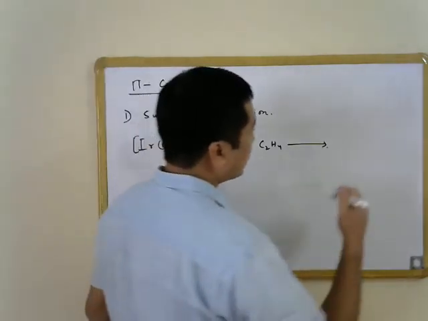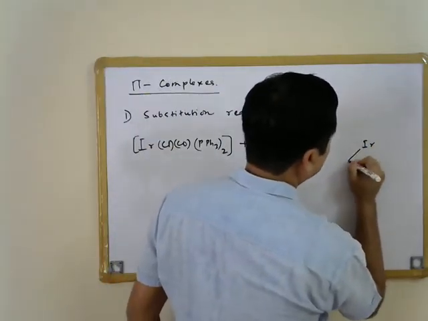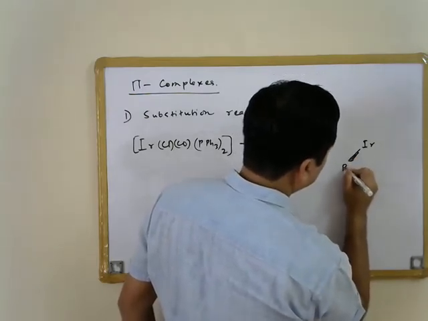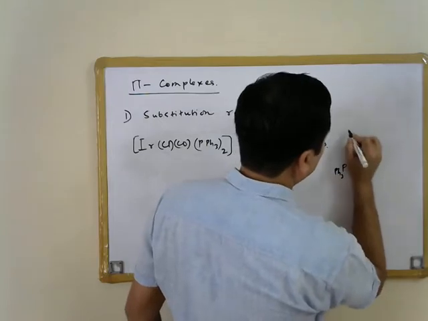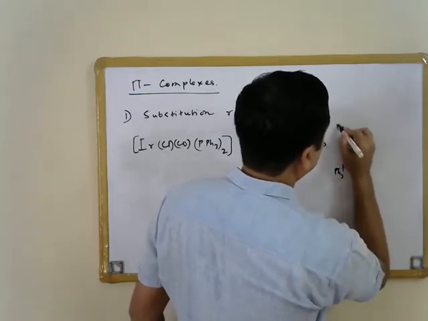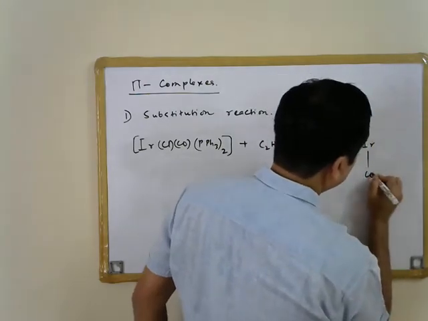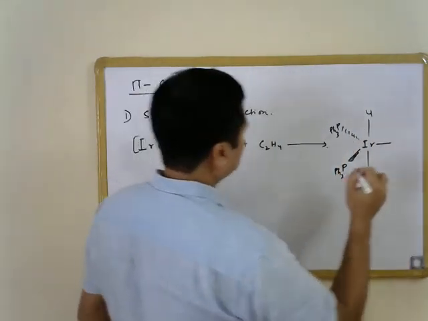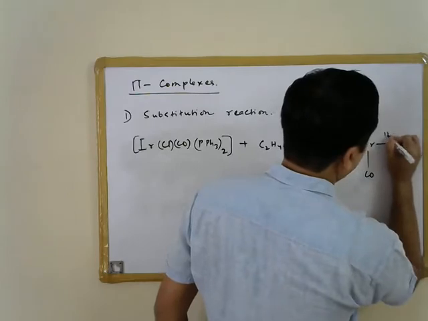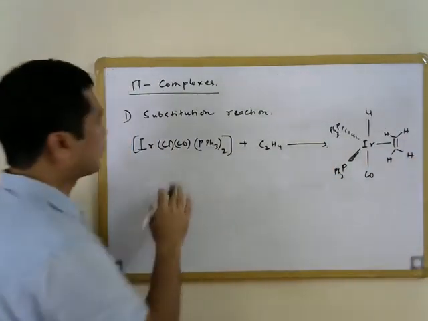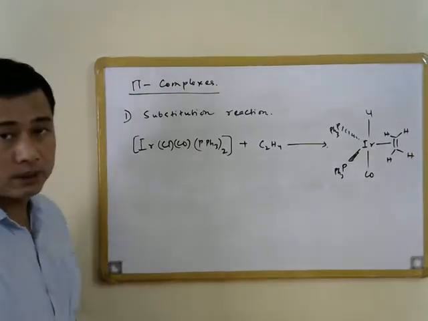Only the coordination number is going to increase, and in this case one will get a 5 coordinate product after the addition reaction. The product is now an 18 valence electron species, unlike the precursor complex, which is a 16 valence electron species.